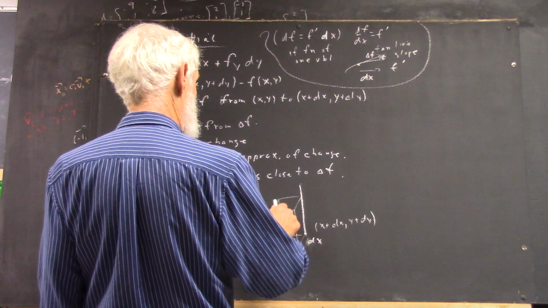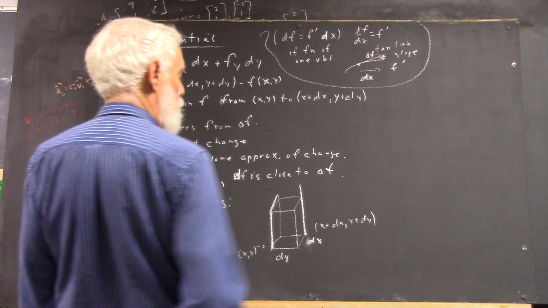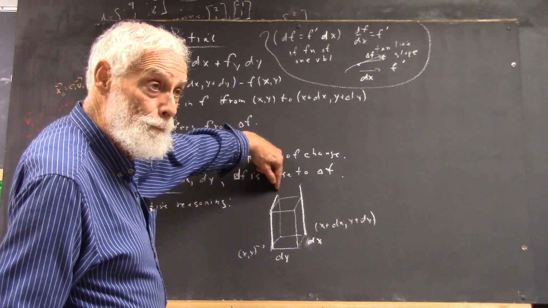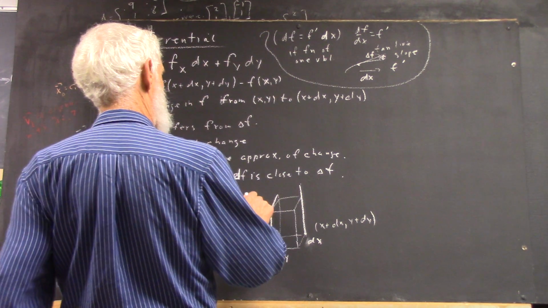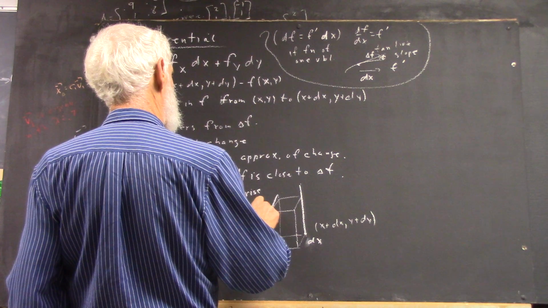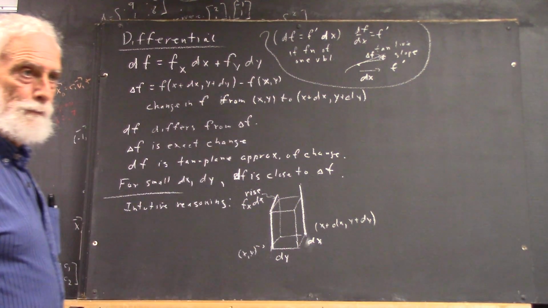Well, if you go along here, you'll have some slope, right? And you have a rise here. Okay? And the rise is fx dx. Make sense?